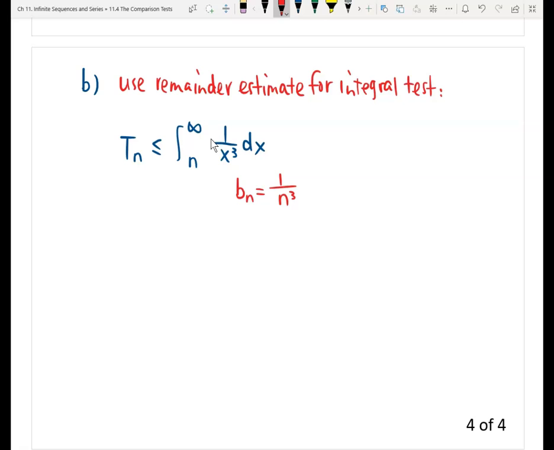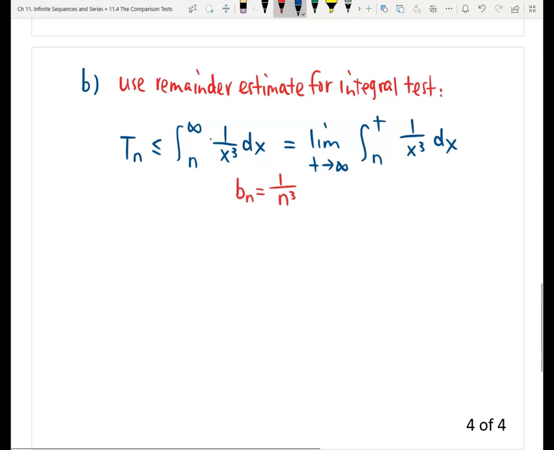Now all we need is to do the calculation. This is an improper integral, so we use the limit definition: pick a t, let t approach infinity, and do the normal integral from n to t of 1 over x raised to the third power dx.